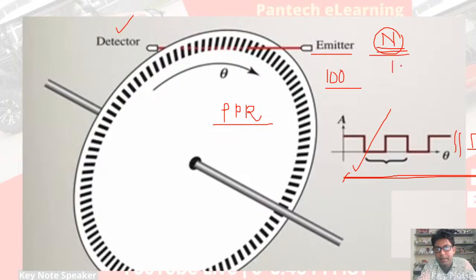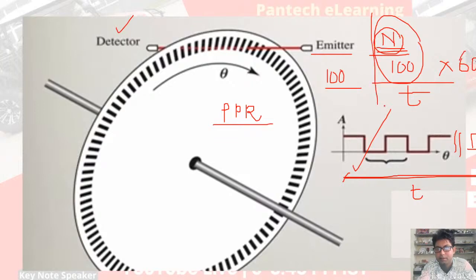Now if I divide it by 100, this gives the number of rotations. And if I get the time t seconds, then dividing by t gives rotations per second. You multiply by 60, you will get rotations per minute, RPM.